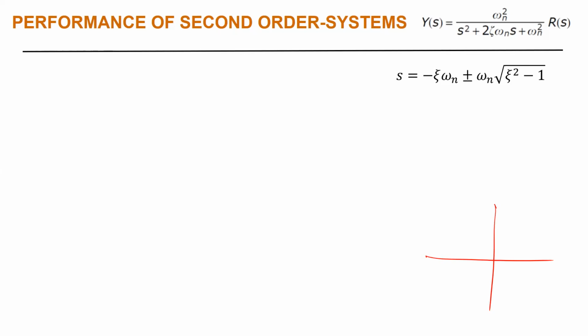If zeta is greater than 1, overdamped, and the roots will be distinct and real. While if you change omega n, it doesn't make the poles complex or real. All it will do is scale whatever you have. So we are going to take 4 cases for the various values of zeta.